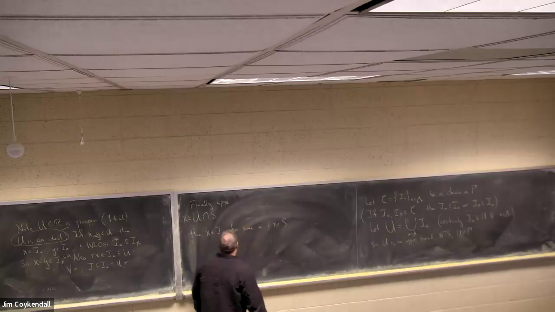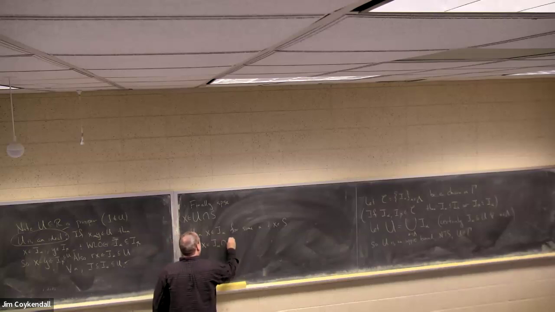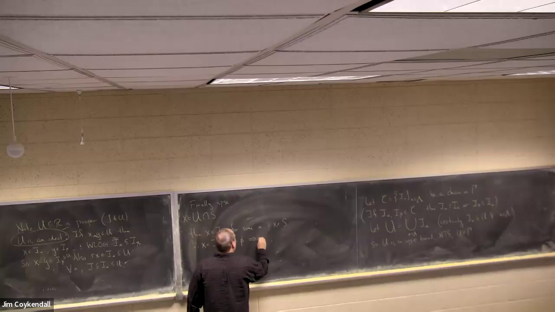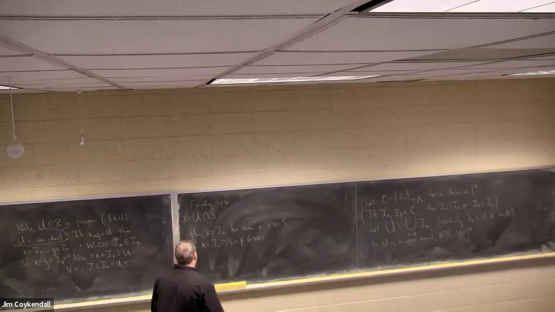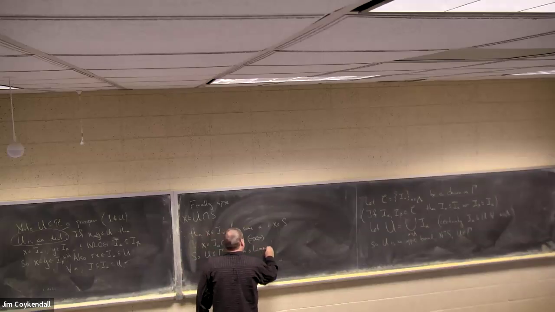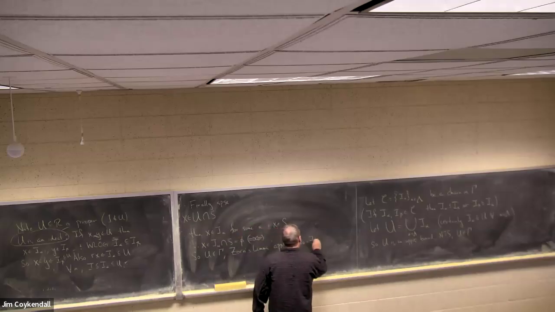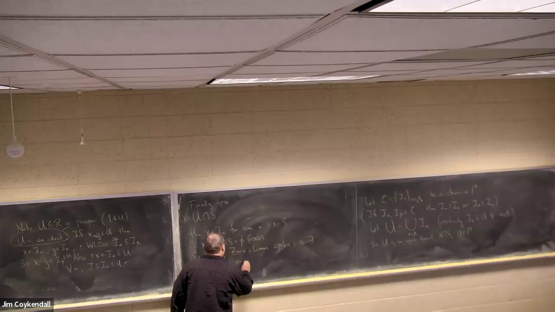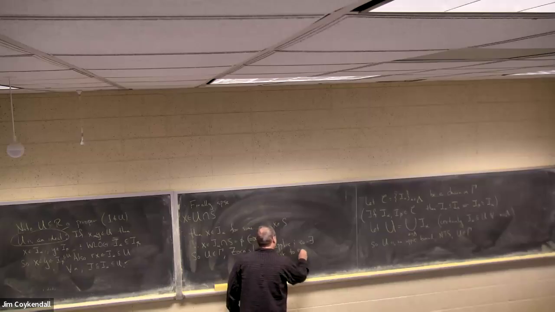X is in S. Therefore, X is in I alpha intersect S, which is the empty set. That's a contradiction. So U is in gamma. Zorn's lemma applies. And so there exists an ideal maximal with respect to exclusion of S.